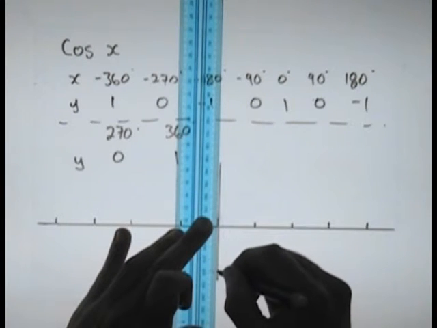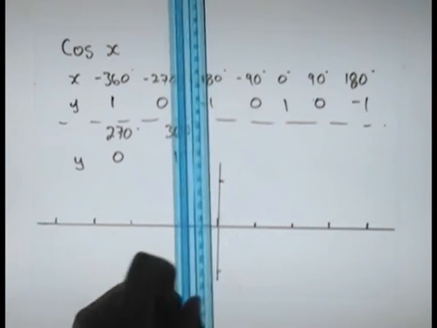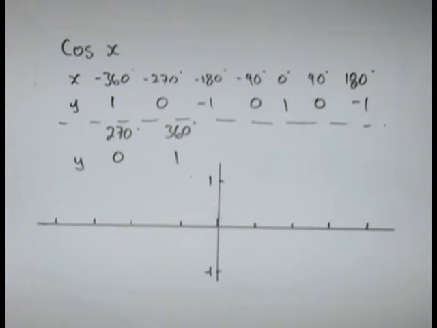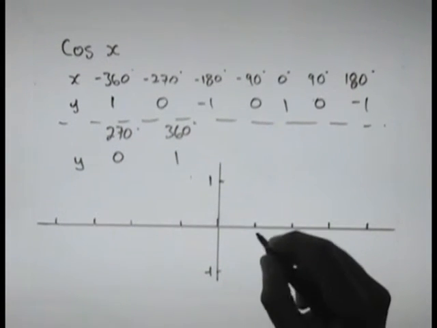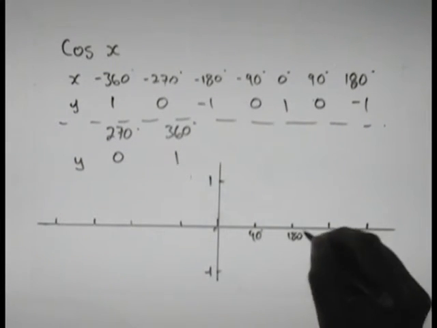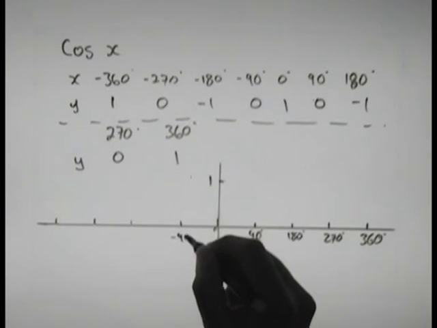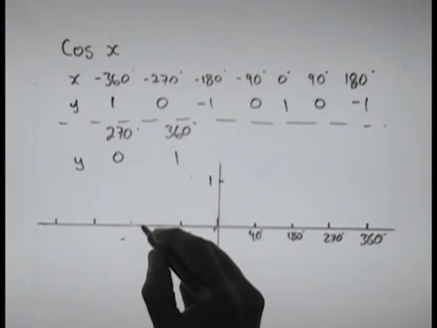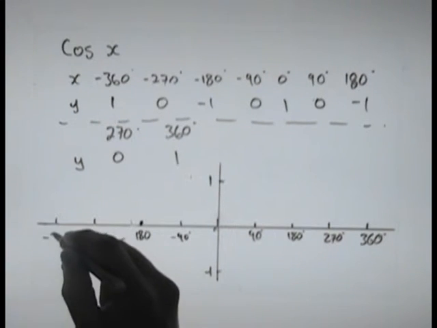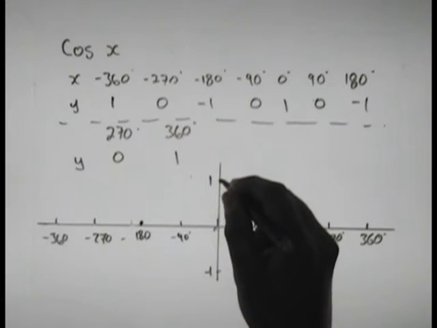And this is just going to go up to negative 1 and positive 1. Alright, that's y is equal to negative 1, y is equal to positive 1. Then 0 degrees, 90, 180, 270, 360, and negative 90, negative 180, negative 270, and negative 360.